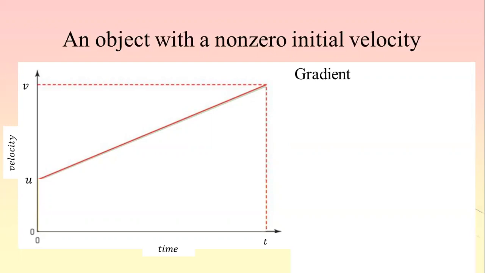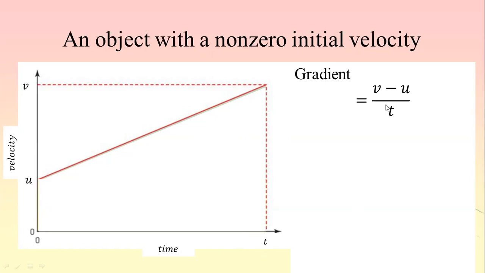To find the gradient of the graph, we simply pick two values from the y-axis, or from the velocity axis, and then two values from the time axis. So for convenience's sake, we can choose the following: final velocity minus initial velocity over the time for final velocity, which is t, and the time for initial velocity, which is 0. So simply t.